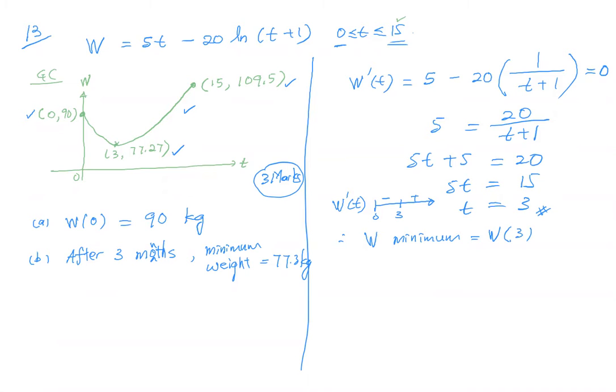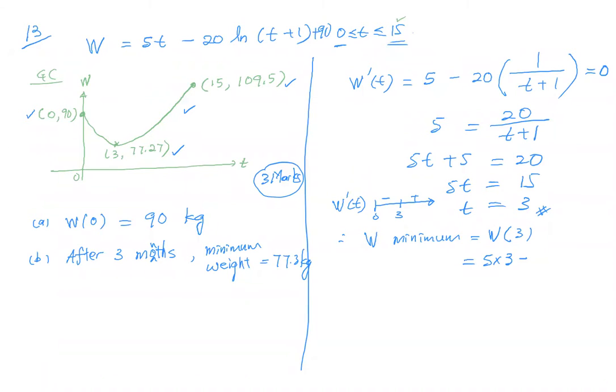Okay, W minimum will be equal to W3. So you put in 5 times 3, take away... huh? Is it the month? Oh, I got plus 90. Where is my plus 90? Here I didn't put plus 90.